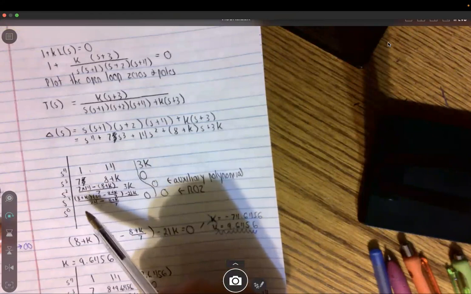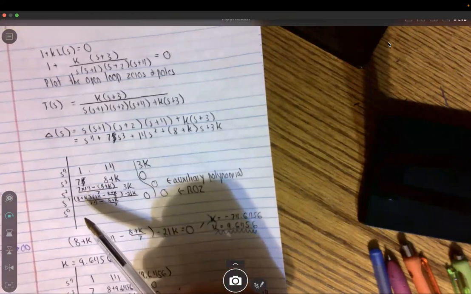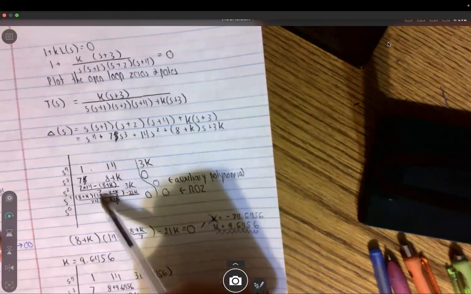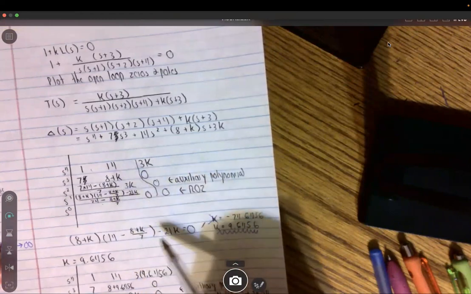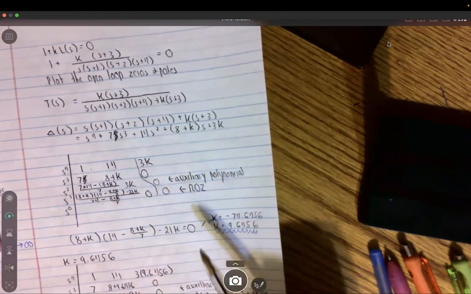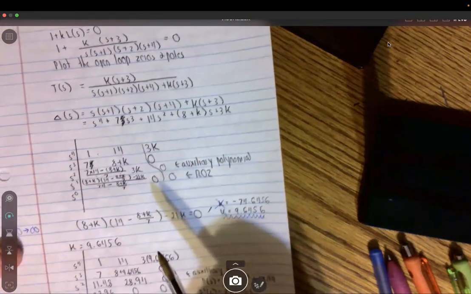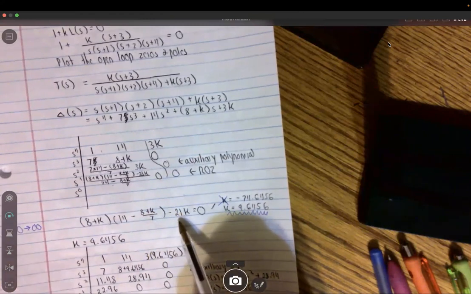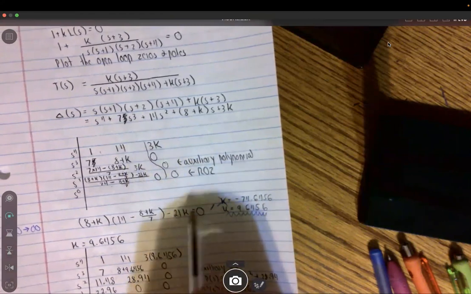Once we find a row of zeros, where we adjust the numerator so that it equals 0, so it'd just be 0, 0, 0, we solve for the value of k that makes this 0.